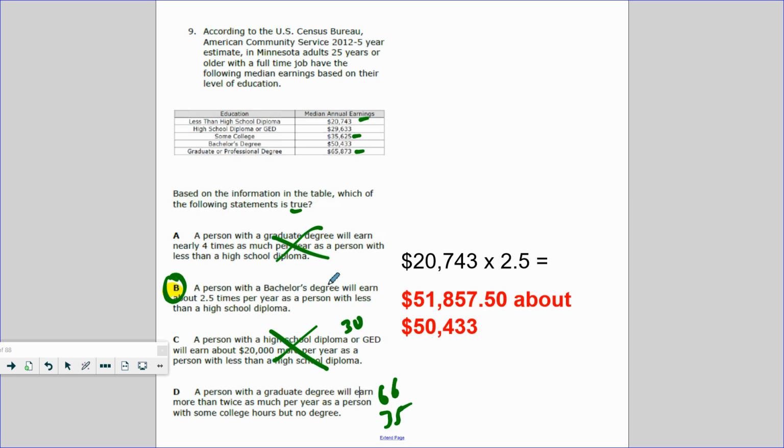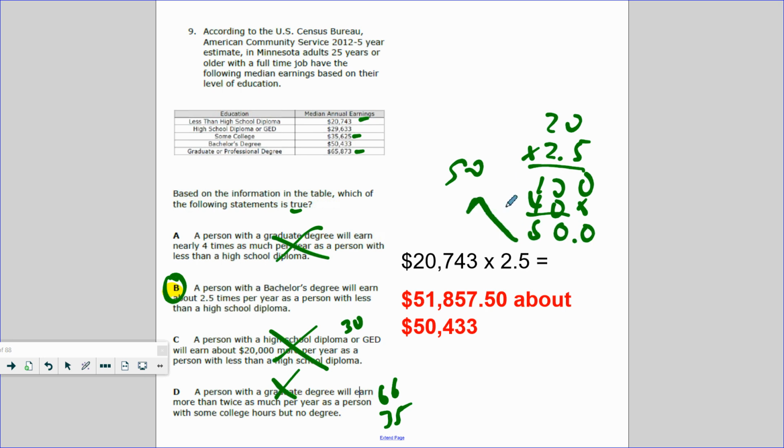A person with a bachelor's degree, about 50,000, will earn about 2.5 times a person with less than a high school degree. So that's about 20,000. 20,000 times 2.5. 5 times 2 is 10.